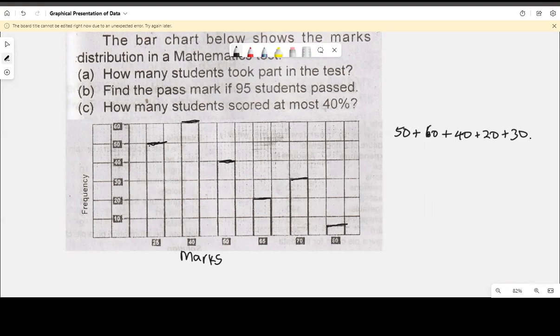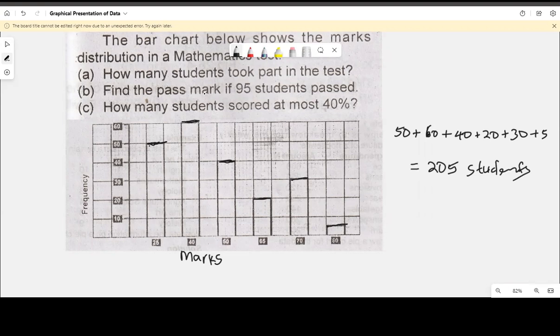That is 5 students. So the total number of students that took part in the test, we obtain by adding all of these numbers together. This plus this, that is 150, 170, 205. So 205 students took part in this test.